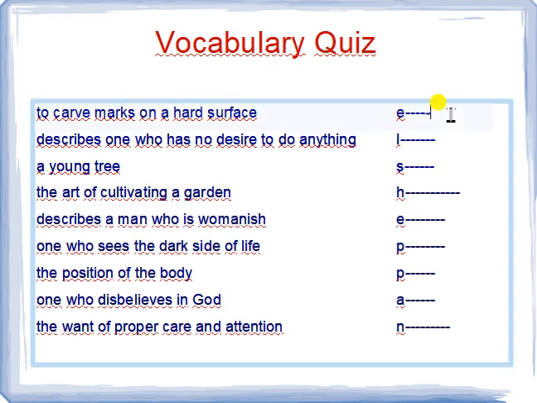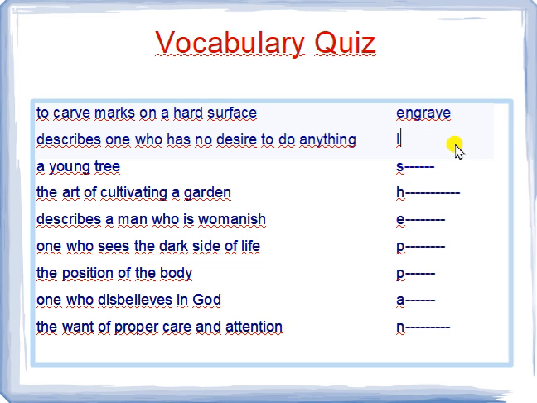To carve marks on a hard surface. I think they wanted us to say engrave. Describes one who has no desire to do anything. He has no ambition. Is that an L or an I?